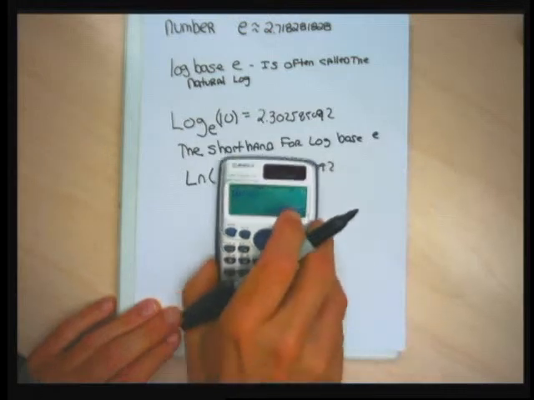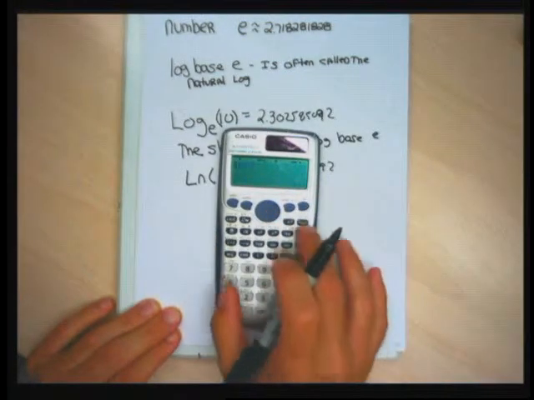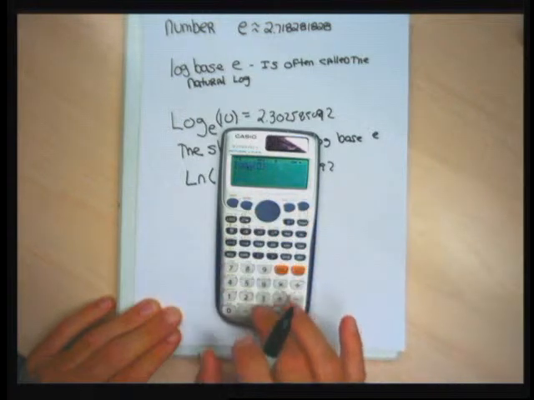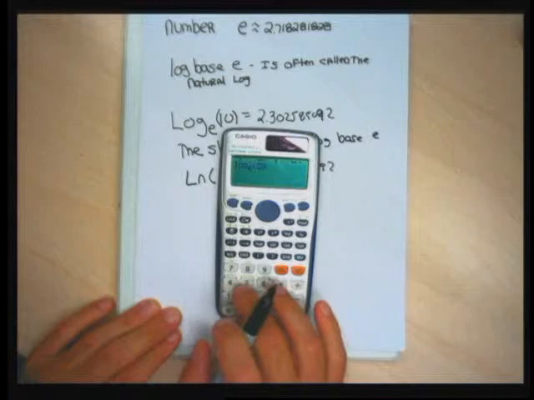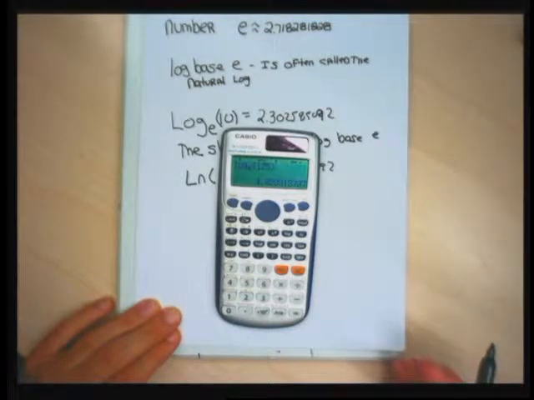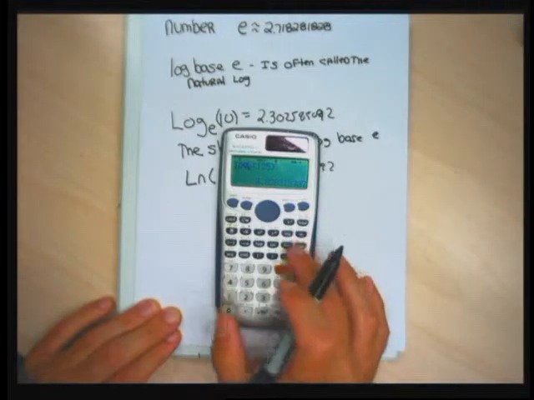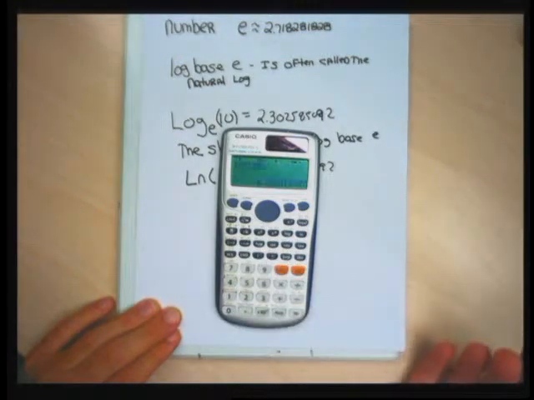If I did the log base anything, like the log base e of 125, that gives me 4.828. If I do the ln of 125, I still get the same 4.828.